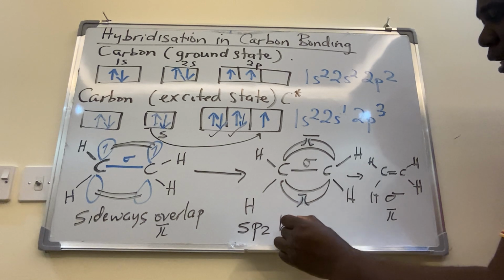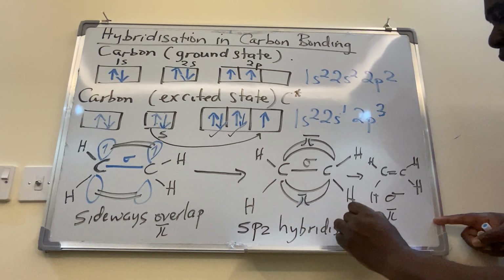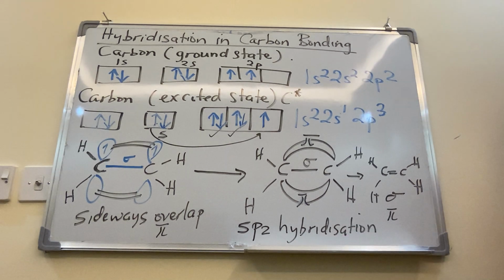So all double bonds, or all alkenes in hydrocarbons, tend to show what we call sp2 hybridization, unlike when we used 1s and all the p orbitals. So alkenes tend to show sp2 hybridization. It's important that you appreciate the differences that exist between sp3 and sp2 hybridization.